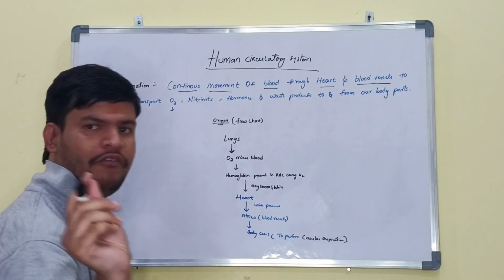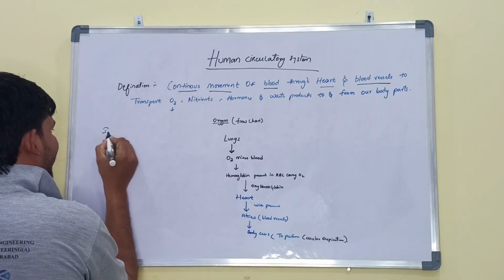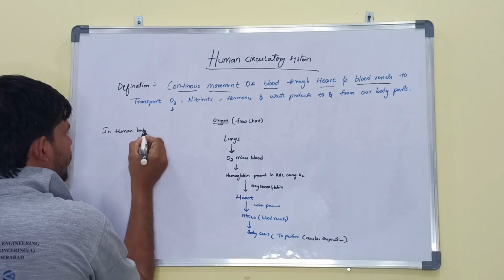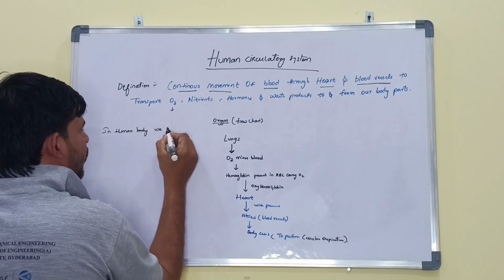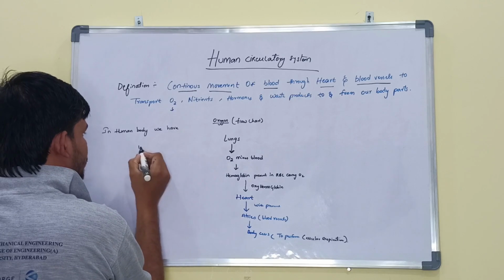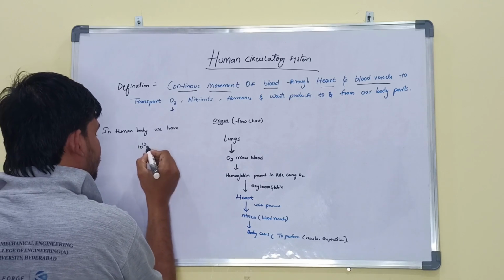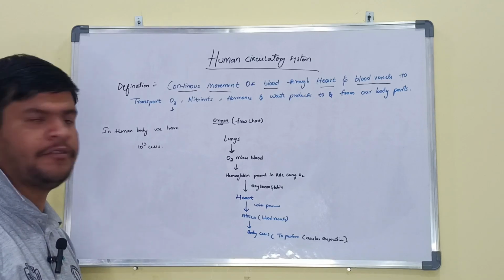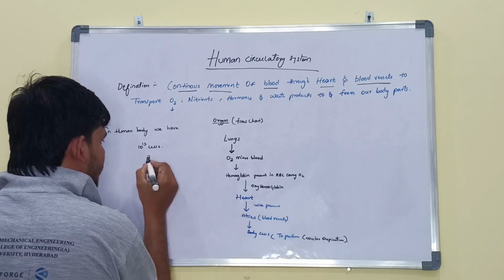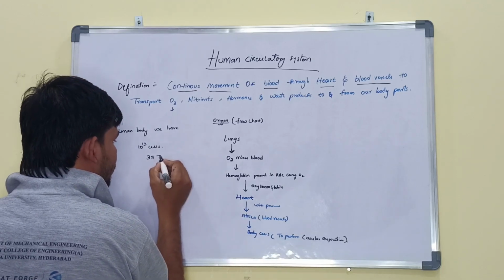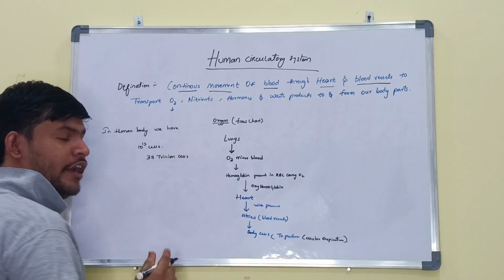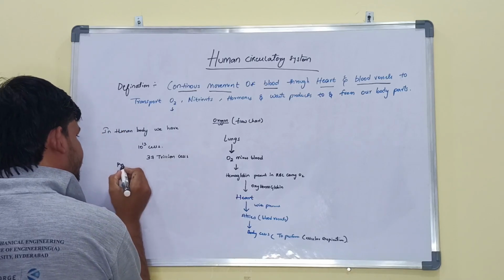Let me explain one fact. In human body, we have 10 power 13 cells. That means approximately 37 trillion cells present in human body.